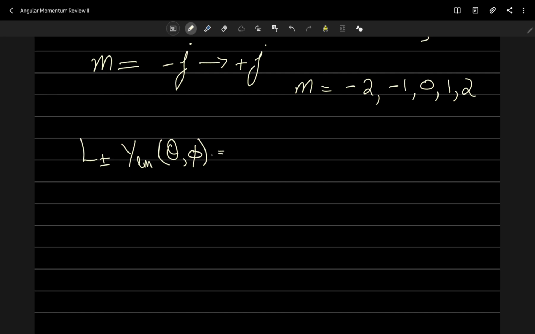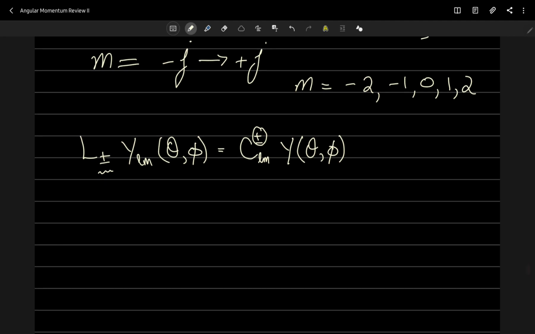This thing is simply equal to some coefficients, so it would be C plus minus lm times Y(theta, phi). So this action of L plus minus, we are absorbing it in these coefficients C plus minus.